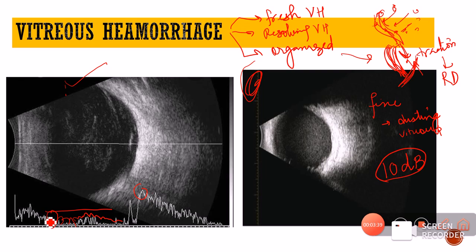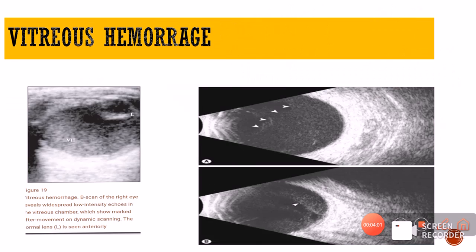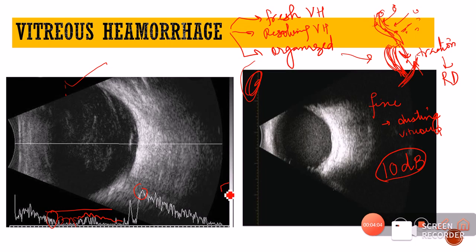So in a fresh case of vitreous hemorrhage, the echoes will be multiple, but they will be very fine echoes, opacities, and they will look like dusting, as if they are dusting the vitreous body. To see them properly, you will have to increase the gain by at least 10 decibels. And their reflectivity will be very low, almost about 5 to 10% only.